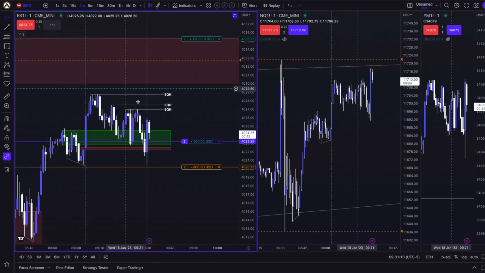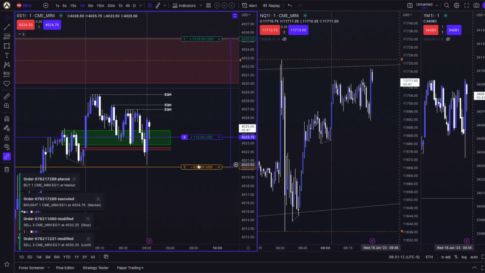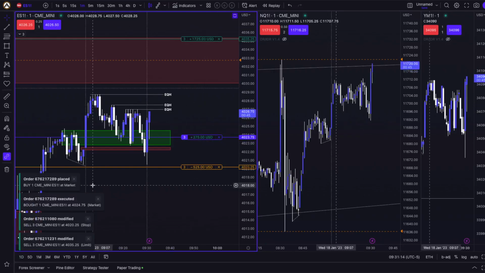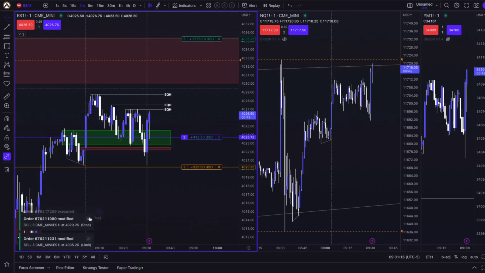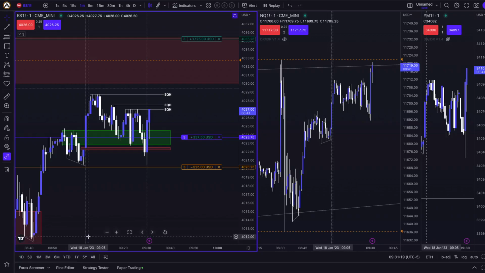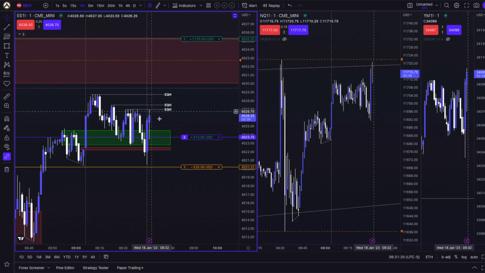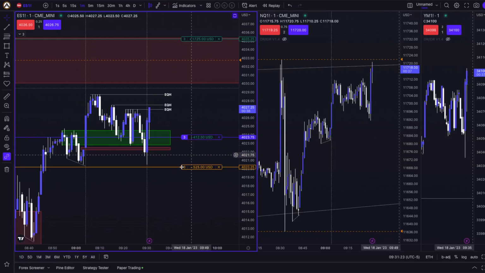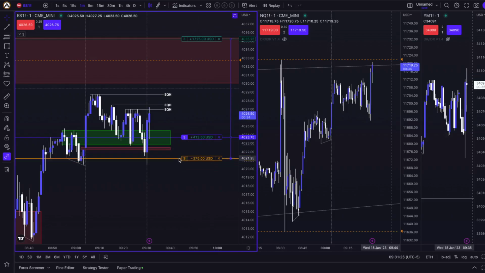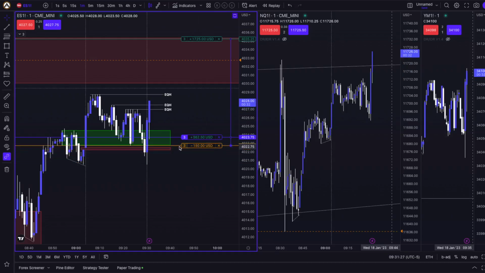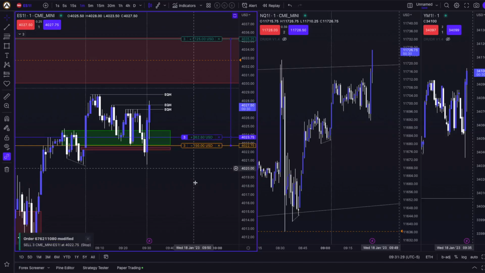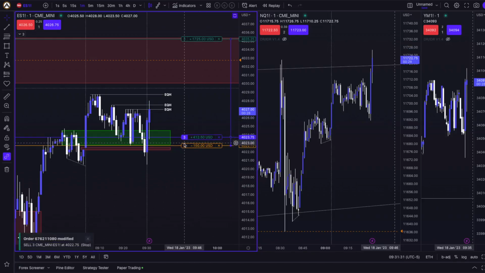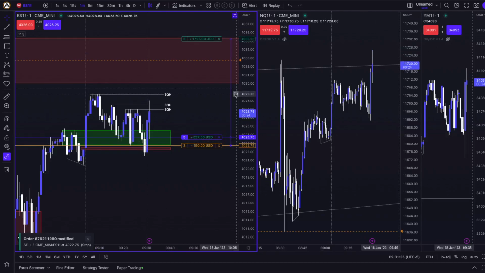Let's add a contract to it and scalp. So we're about to take out the first equal high. I'm going to drag my stop loss closer to my entry. And right here, we're going to take off the first contract.